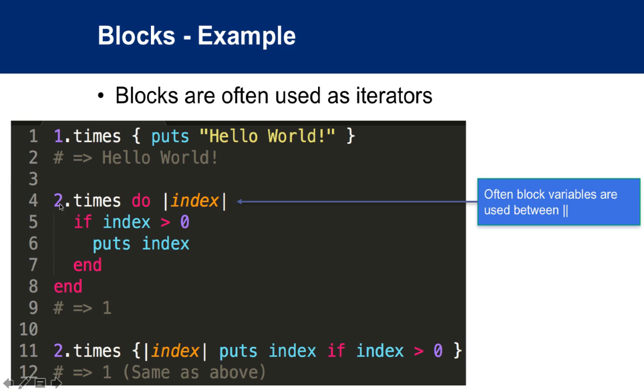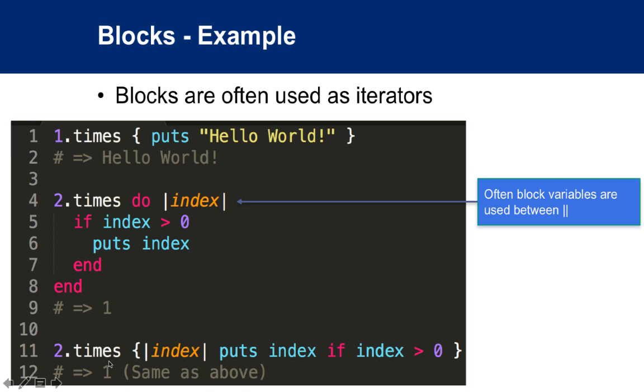So in the case of 2 times, because index starts out as being 0, if it's greater than 0, it will print out 1. So it's going to loop 2 times, because that's what this method does. It says execute the block 2 times, but it's only going to print out 1 because of this variable index.